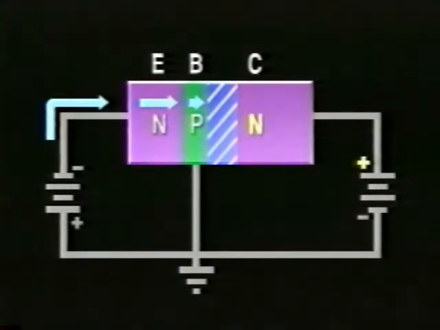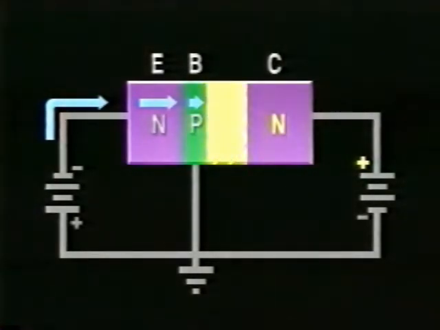The positive voltage on the N-type collector reverse biases the collector-base junction. Remember that when reverse biased, the depletion region becomes wider, but something unexpected happens at this point. While a wider depletion region usually behaves like an insulator, blocking current flow, in this case, current will flow into the collector.